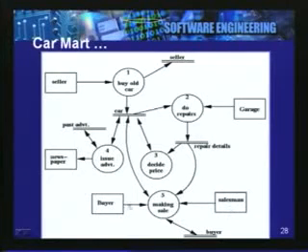Then the process 5, which does the selling. Here it interacts with the salesman, buyer. Naturally it has to obtain the car data from the car data store. It may have to obtain the repair data in case the buyer wants to get the repair history. And after the deal has been made, when the car has been purchased by the buyer at some negotiated price, the buyer details will also be stored in the buyer data store.